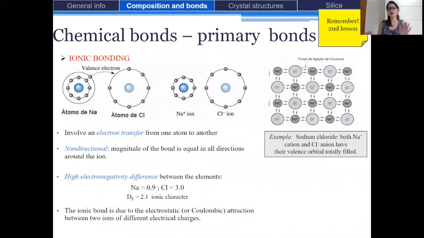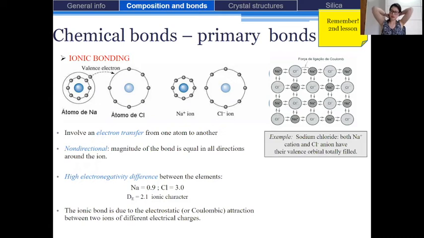Okay, so let's remember the chemical bonds. In the second class we saw ionic and covalent bonds, and we explained their characteristics. The ionic bonding involves an electron transfer from one atom to another.